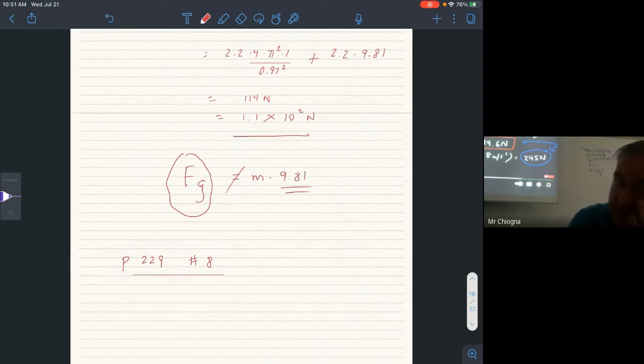You use W for weight instead of F of G. It's the same thing. Given the mass of the Sun. Everyone got that? You're going to write down the question. Give it a try. See if you can do it.